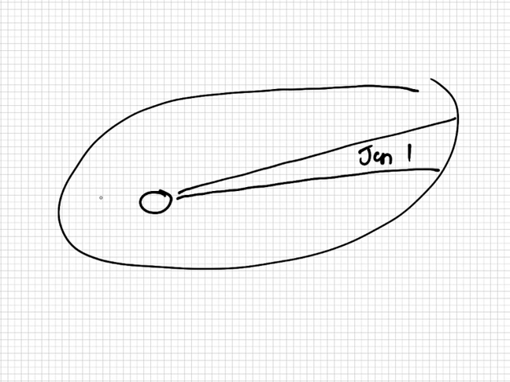And then let's say we look over here at June 1st. Kepler noticed that this area here must be the same as the area over here. Now, this area is very big, isn't it? But this here is very small. So to make it big, I need to do it very wide, so that this area can be the same as this.